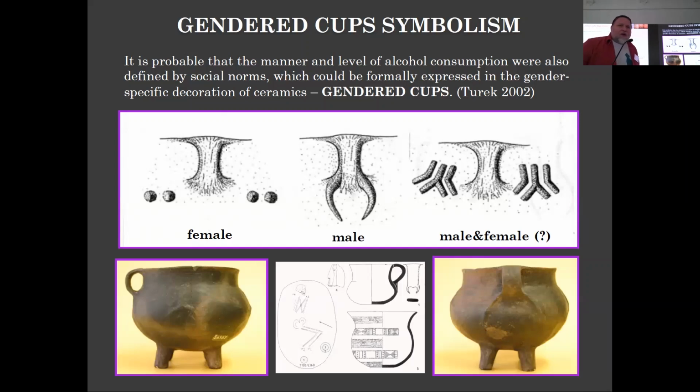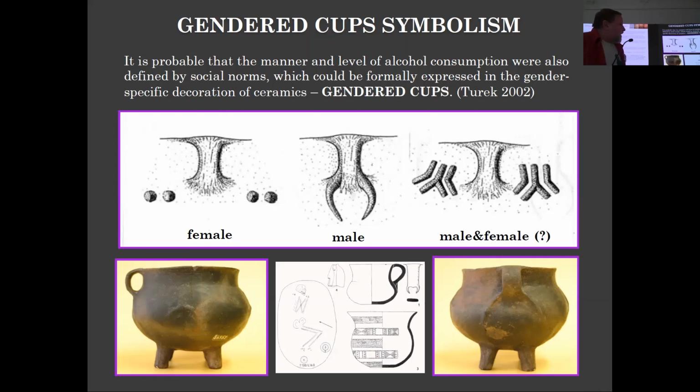20 years ago, I was trying to explain some of the motifs on the associated pottery of the Beaker period, and we can see different motifs being attached to the handles of these pots.